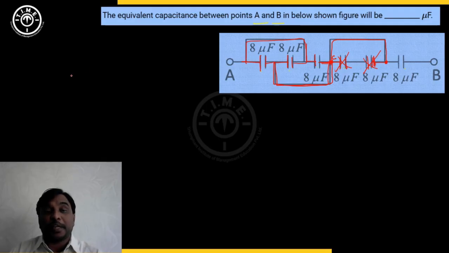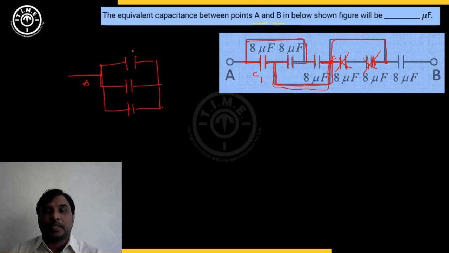If you redraw the circuit, let us suppose this is A, this is the first capacitor C1. One plate is connected to A, another is connected to C. This is the second capacitor and this is the third capacitor: C1, C2, C3.